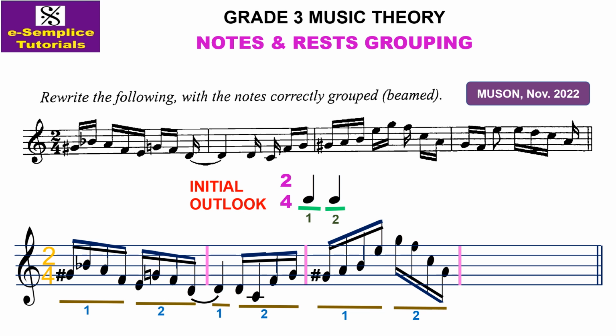Bar line, beat 1, that's a crotchet. Beat 2, another crotchet. Now the notes are correctly grouped according to the time signature.